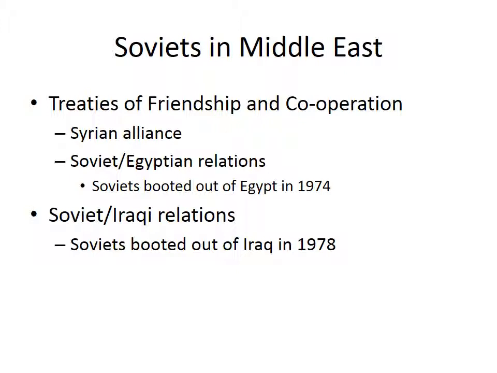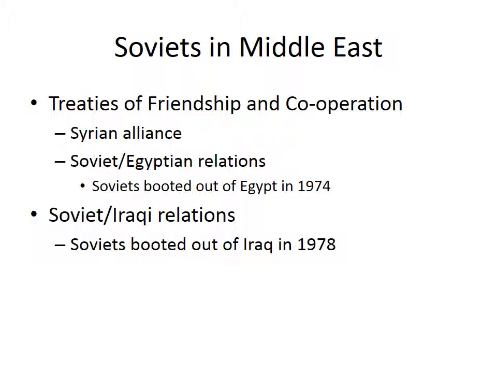First, as early as the late 1950s, the Soviets developed treaties of friendship and cooperation. They developed a treaty of friendship and cooperation with Syria. And it's actually in 56, with the development of the Aswan High Dam, that they develop a treaty of friendship and cooperation with the Egyptians.